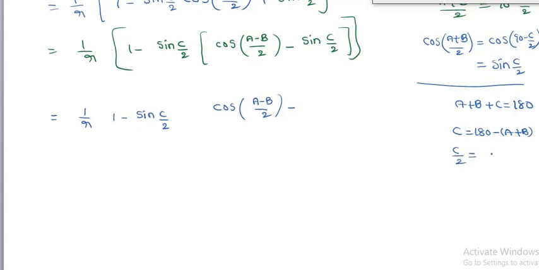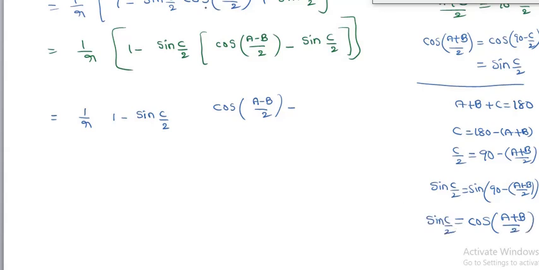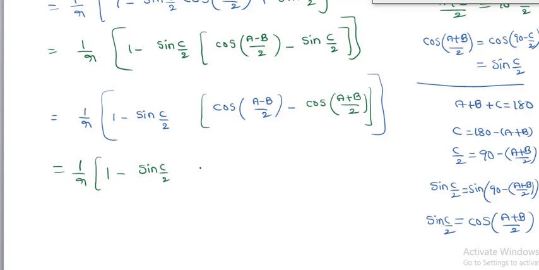Both sides divided by 2, C/2 is 90 minus (A plus B)/2. Both sides taking sin: sin C/2 is sin of 90 minus (A plus B)/2, sin 90 minus theta is cos, so cos of (A plus B)/2. So 1 by r, 1 minus sin C/2, cos of (A minus B)/2 minus cos of (A plus B)/2.